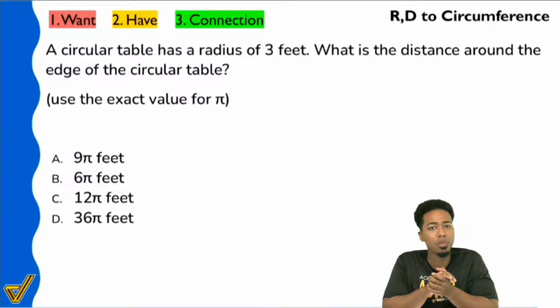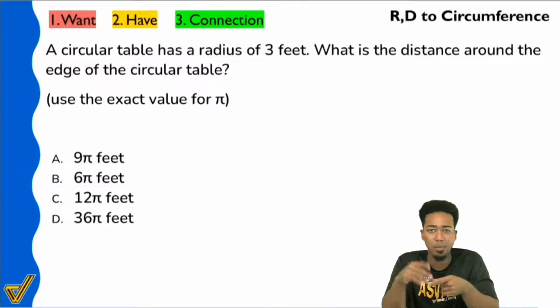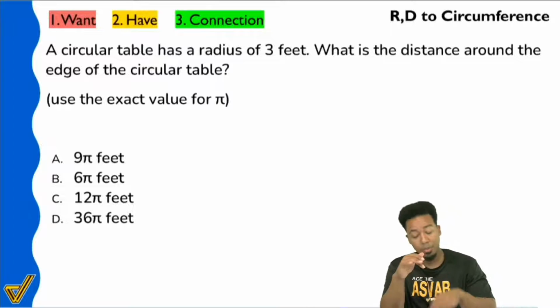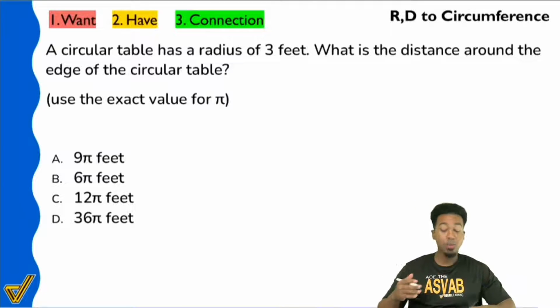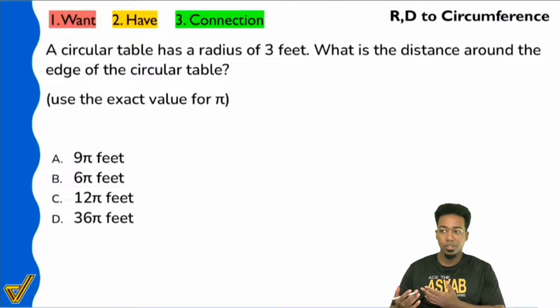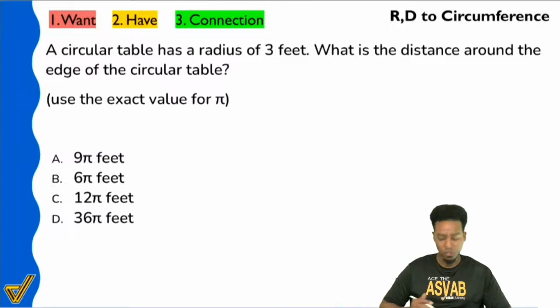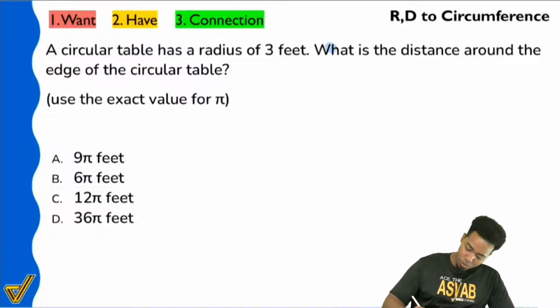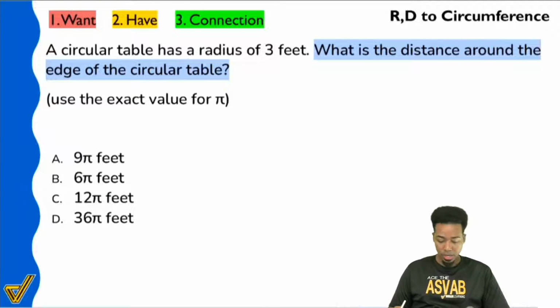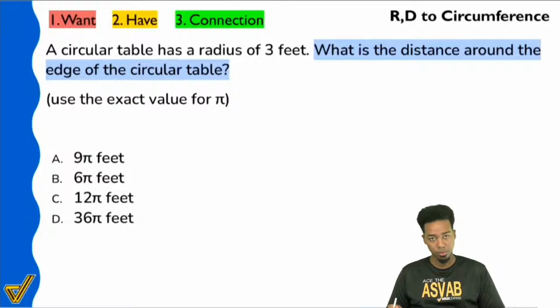Everybody, remind me, step one of every word problem, any topic, what's the first step? Read the question. Remember, guys, you do not want to read the information first. The information doesn't matter until you know what you're supposed to do with it. So step one, read the question. Right here: what is the distance around the edge of the circular table?